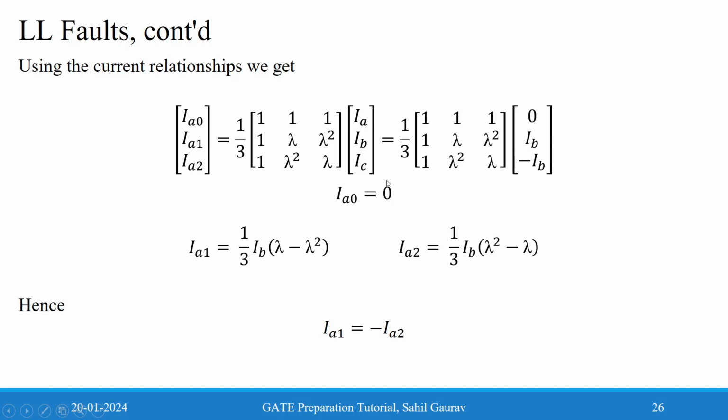You can see from this symmetrical component equation also, and in an analytical way, you can also say that since no grounding condition is coming to this fault, this zero sequence component of current will be 0, and the positive sequence component of current will be this much, and negative sequence current will be this much. So by comparing both these two equations, you can say that IA1 is equal to minus IA2.